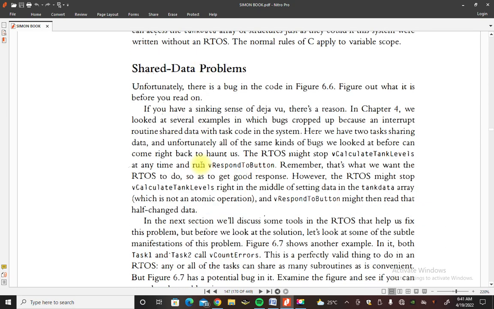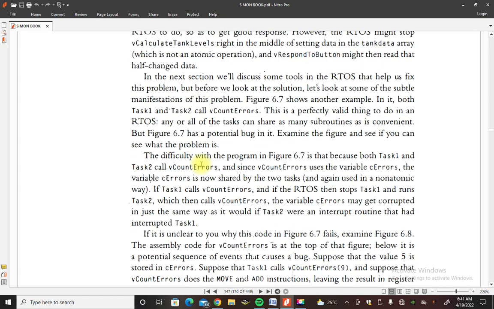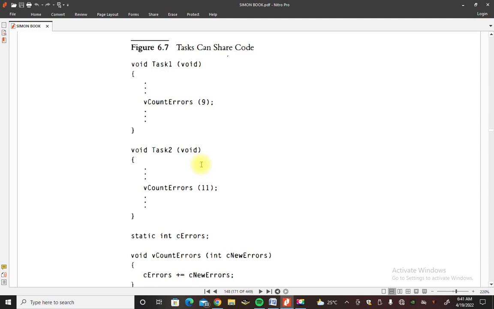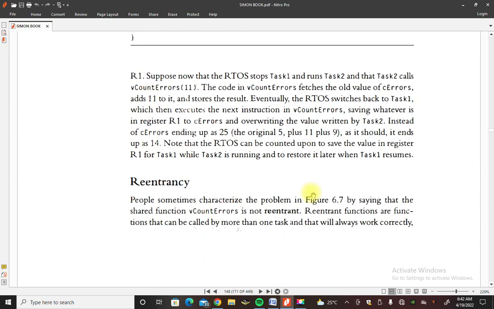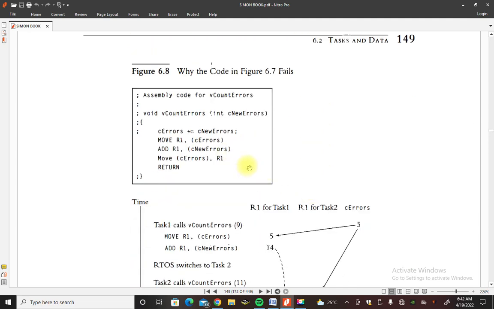Coming to the shared data problem, we have already discussed this clearly with some examples. Similarly, in the Simon book, the shared data problem is explained with some error count examples. That means there is an error task which keeps on putting values in the errors. The author explains clearly the error task and how it gets updated.